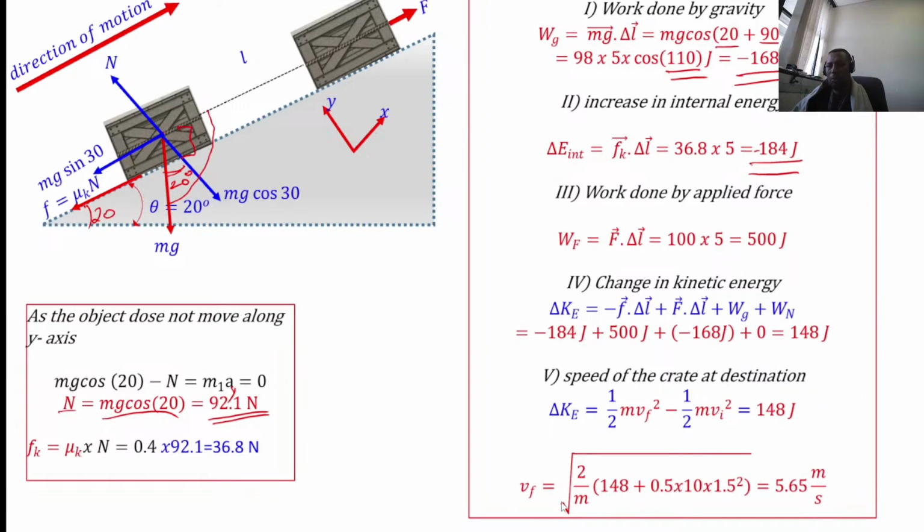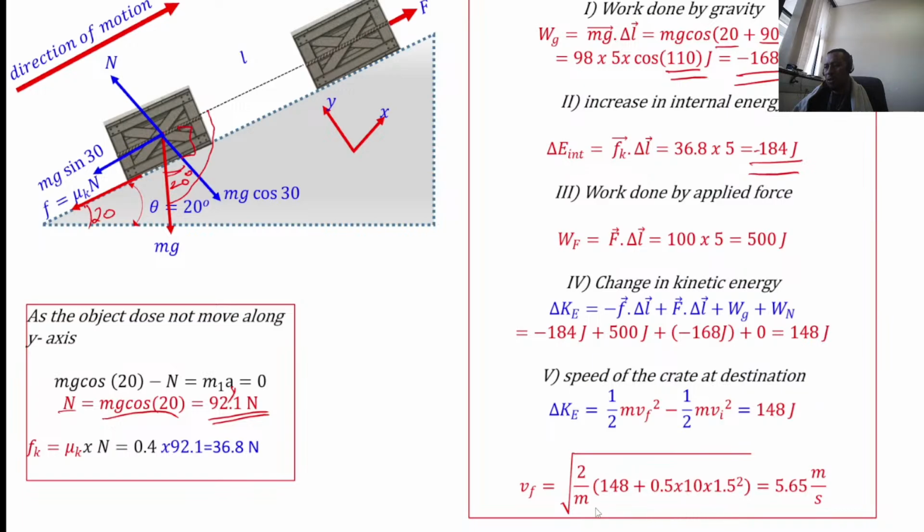V final: you could easily see that half m v final squared equals 148 plus half m v initial squared. That is where this plus comes in. 0.5 is coming from half, 10 is the mass, the initial speed is 1.5, it's given, and then I'm taking that m to that side, therefore it's 2 times the difference, divided by m.